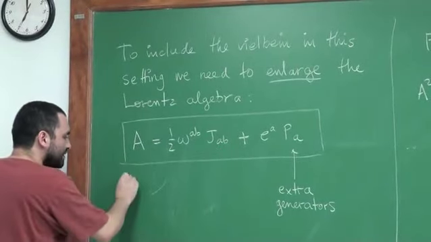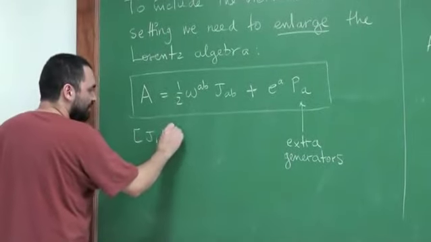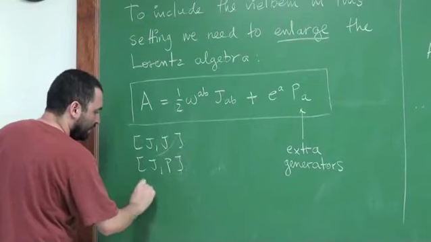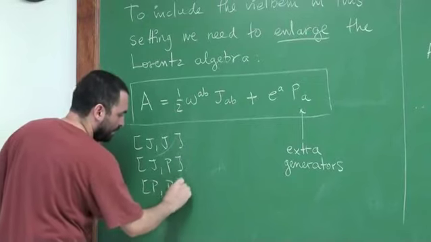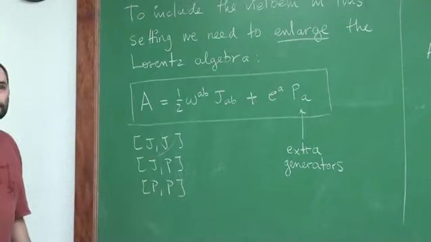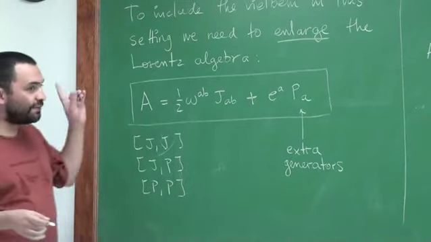So besides J, we need JP and P. And this cannot be anything because we need to satisfy one constraint.